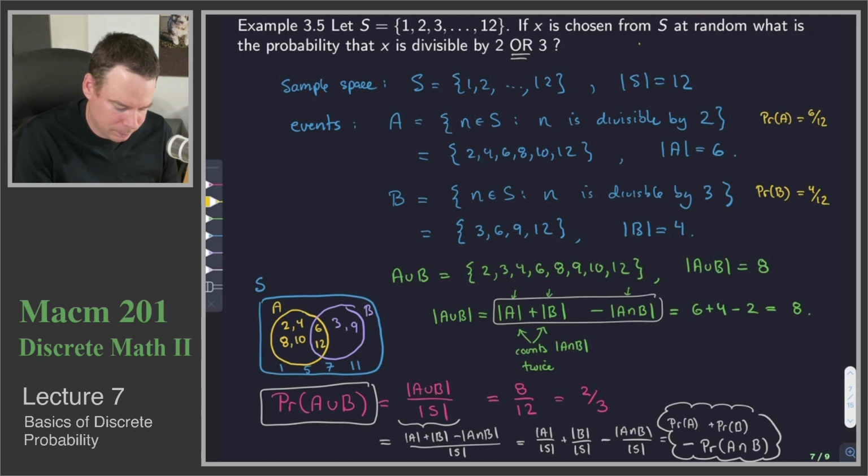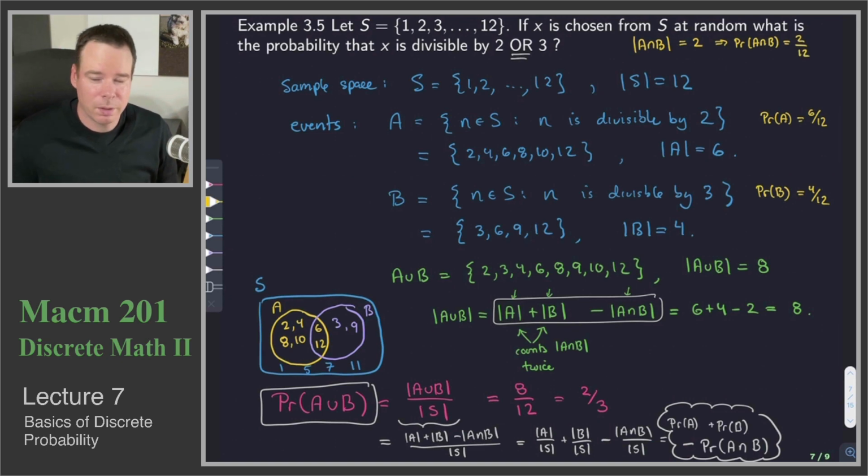A intersect B is the set of all integers divisible by both 2 and 3. So those have to be the integers divisible by 6. There's two of those, 6 and 12. And so the probability of A intersect B is 2 over 12.